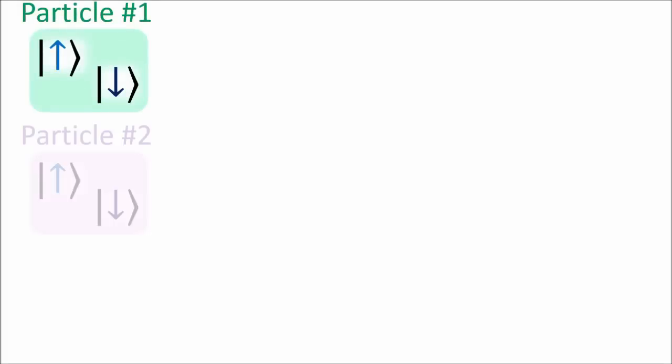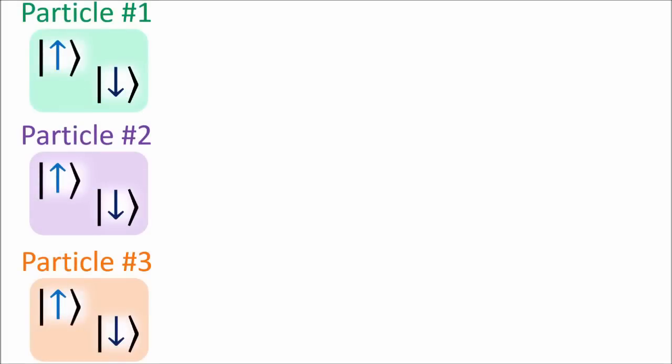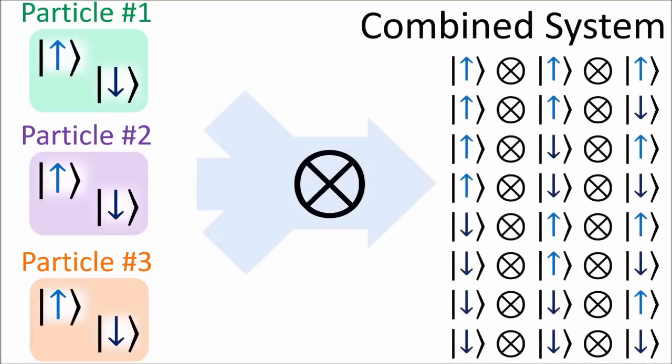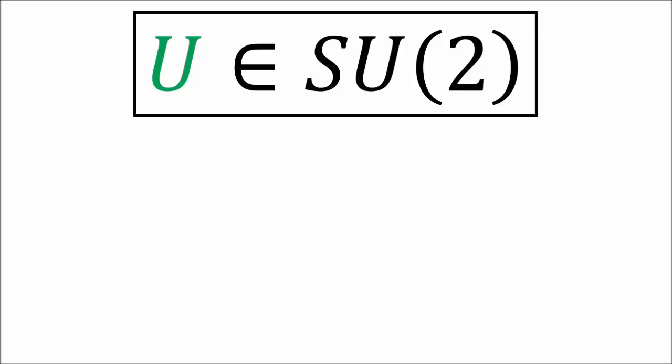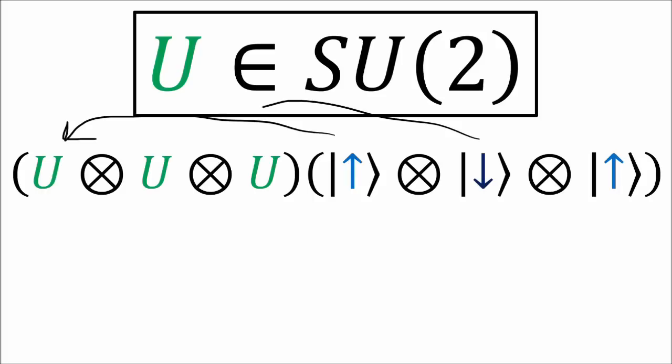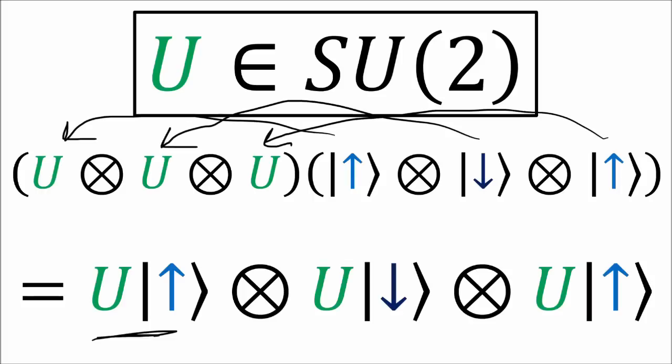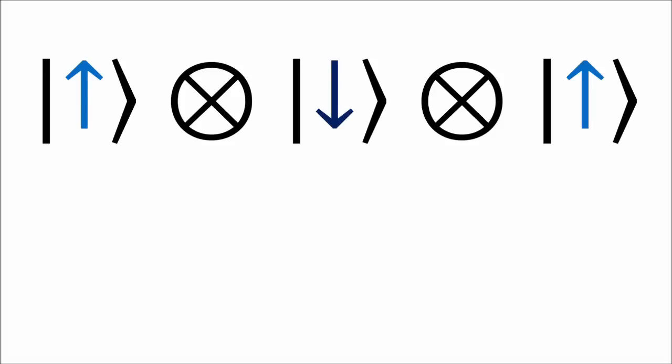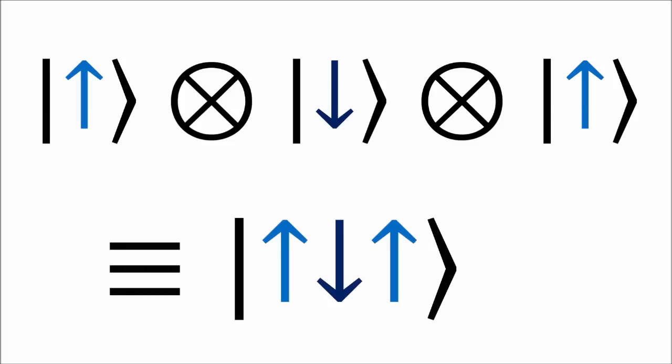For a system of three spin 1/2 particles, the tensor product space has a basis given by all possible triples of particle states. We can then rotate them using the tensor product of a triple of SU2 matrices. To save space, in quantum mechanics, we often omit the tensor product symbol and write all the particle states in a single ket, like this.